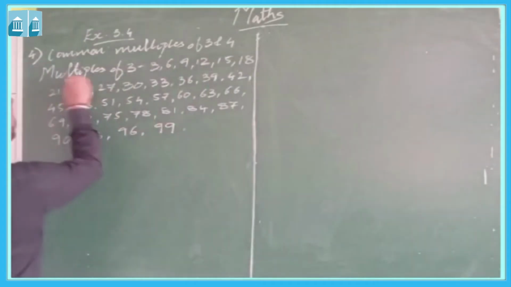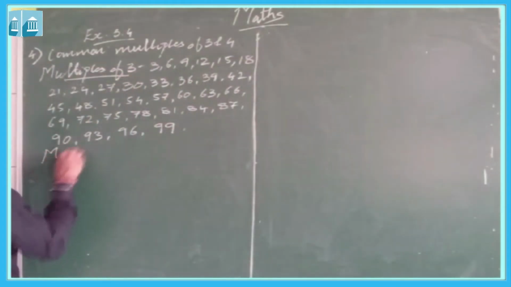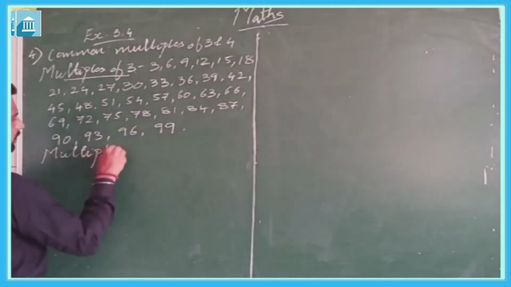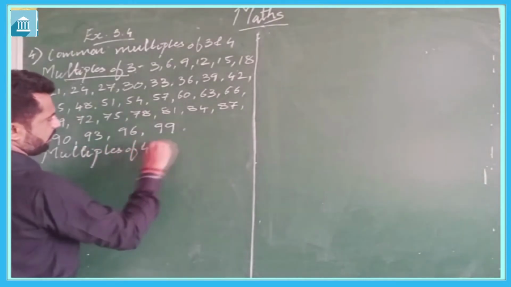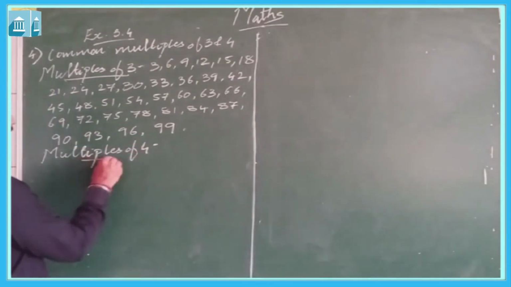Now we have to find out multiples of 4 which are less than 100.